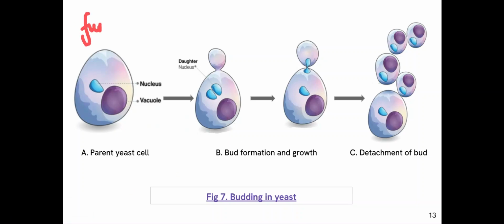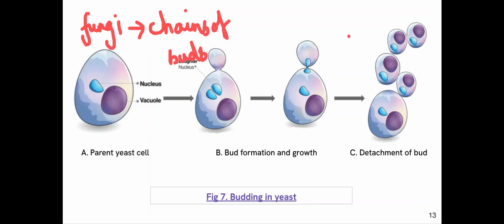In certain fungi, the concept of budding takes place, where chains of buds are formed. Not one, but actually there are chains of these buds formed, like shown on your screen over here. These are many, many buds being formed. And these chains of buds are known as the torula stage.